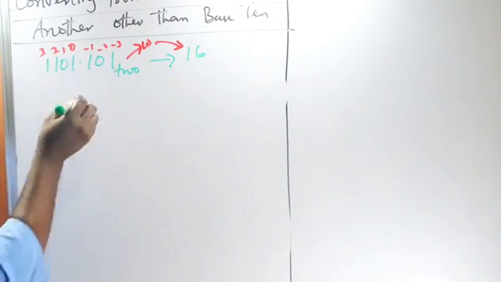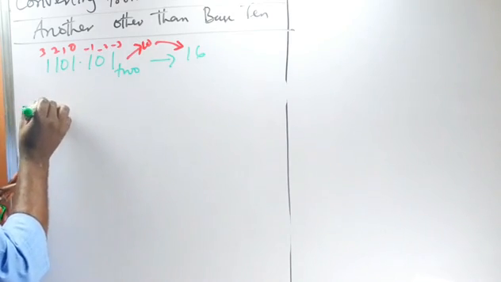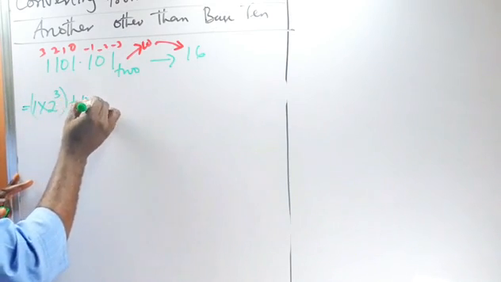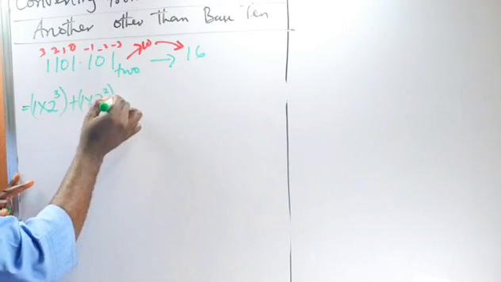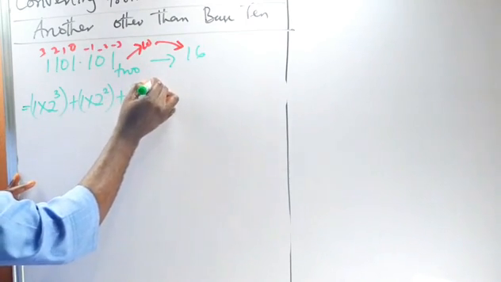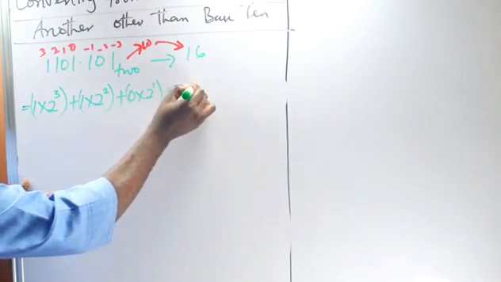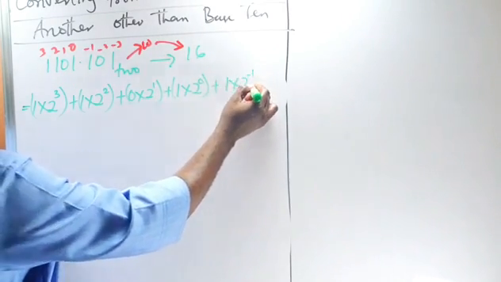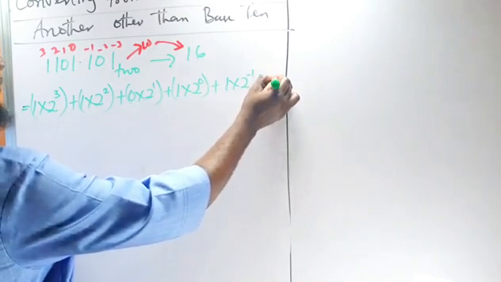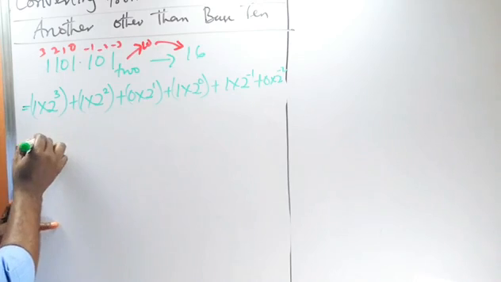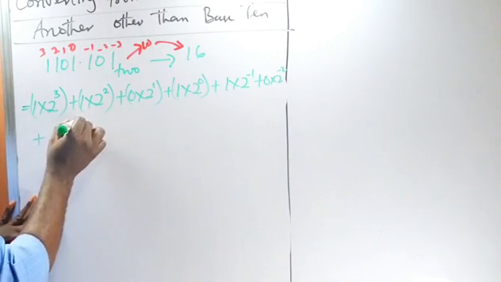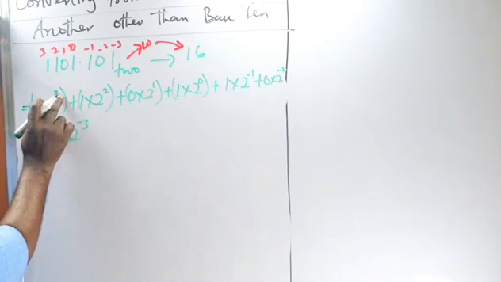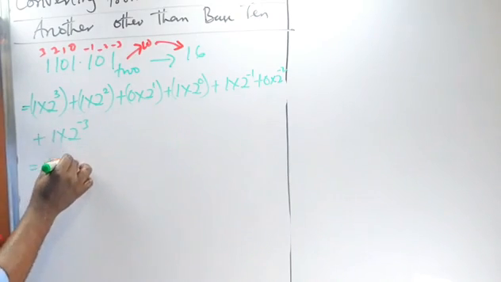This gives us 1 times 2 raised to power 3, plus 1 times 2 raised to power 2, plus 0 times 2 raised to power 1, plus 1 times 2 raised to power 0, plus 1 times 2 raised to power minus 1, plus 0 times 2 raised to power minus 2, plus 1 times 2 raised to power minus 3. So we open this. 2 raised to power 3 is 8, times 1 is 8.